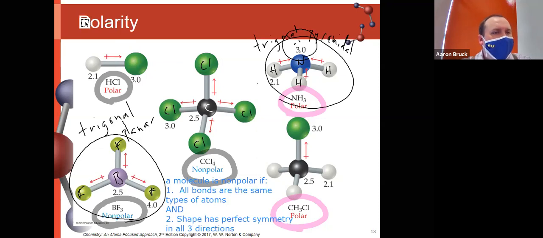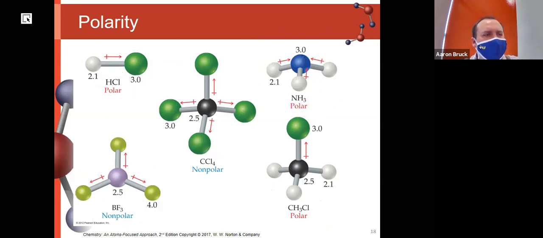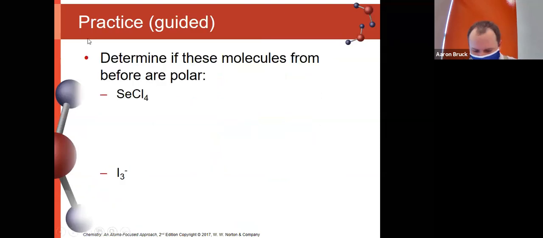So let's go back through some of our examples and determine if they are polar or non-polar after all. If you have a modeling kit nearby, this is a good time to break that out because I think it's going to really help you to see that asymmetry when it exists.